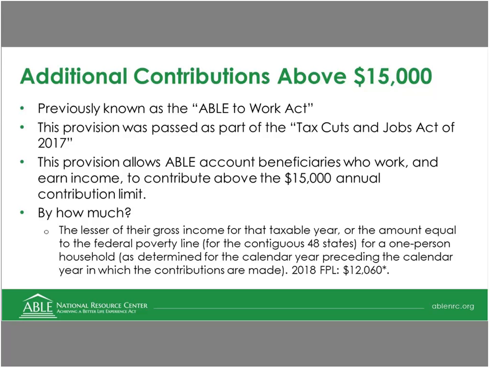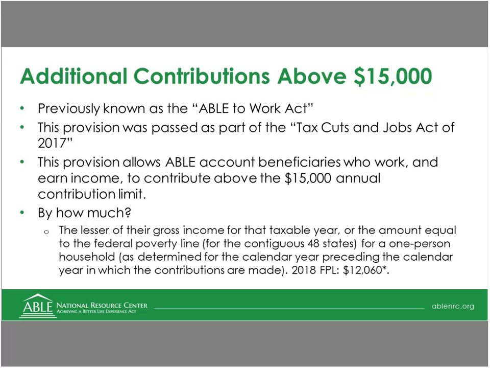That's how much a person would be allowed to contribute over that $15,000. So that would serve as a maximum under this new provision. If you meet the certain criteria related to being able to take advantage of this, you could then have a maximum contribution limit of $27,000 or over. So that's a significant benefit.